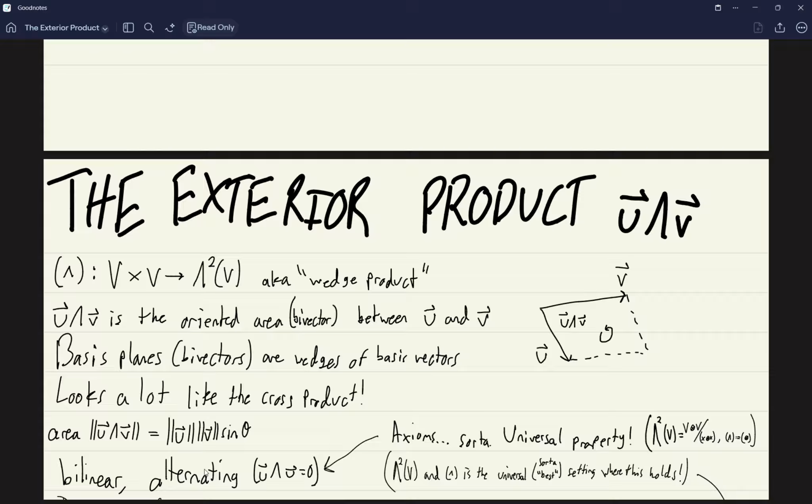So it's kind of the most general world in which you have these properties. So any other setup where you have this space that kind of looks like the bivector space that has a bilinear alternating product, it sort of does so through this space in a precise sense.